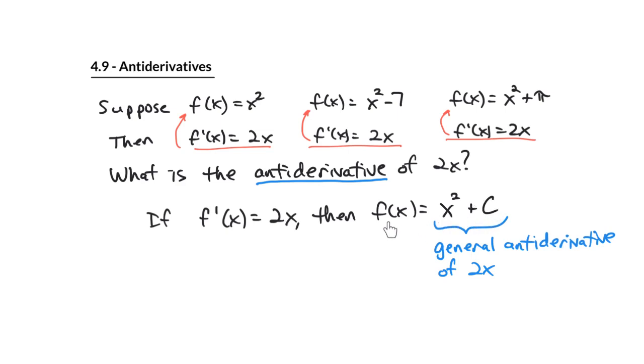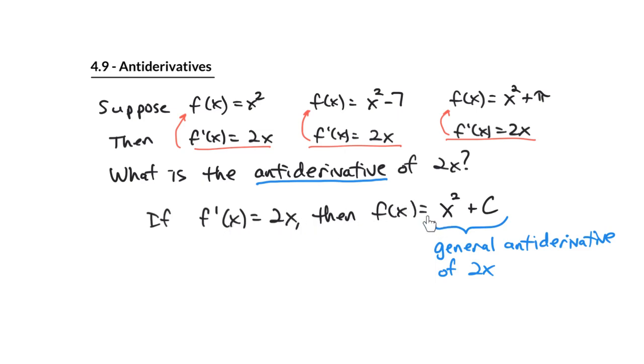So to check, if this is f of x and this is some constant, then f prime of x, if you take the derivative of this, you're going to get 2x, and the derivative of the constant goes away, so you just get 2x. So when you're going in the reverse process, like when we're finding these antiderivatives, we can always check our answer by taking the derivative of our answer and seeing if we get back.